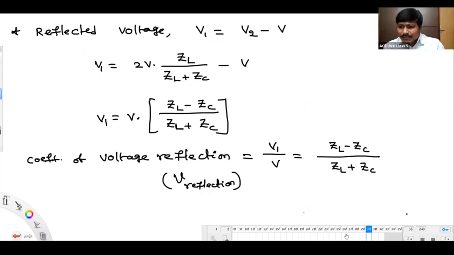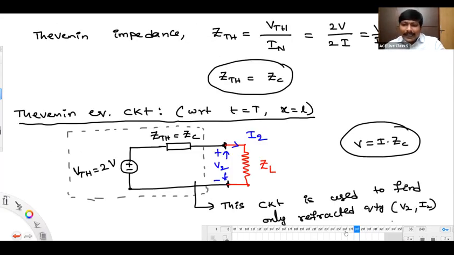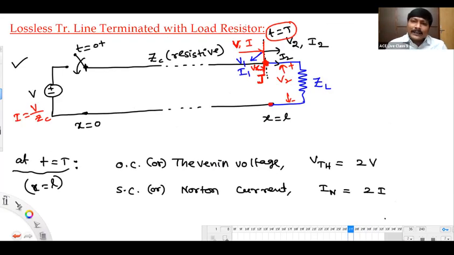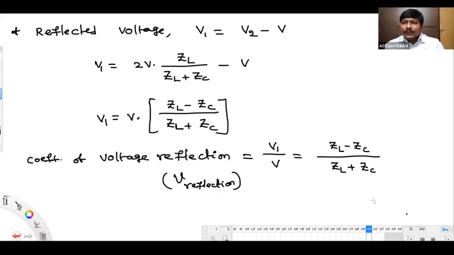My intention is to tell you that we did the calculation at time T equals capital T, but these coefficients are valid to calculate reflections and refractions at that particular location at any time.